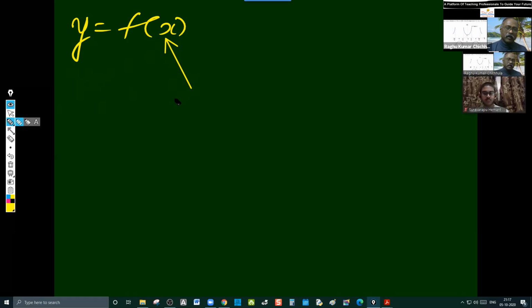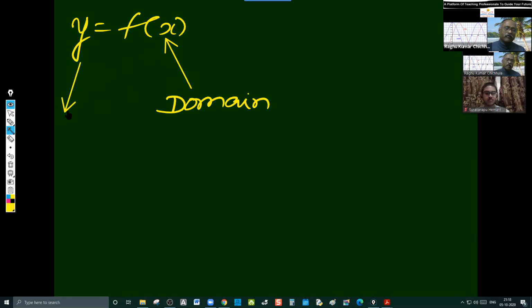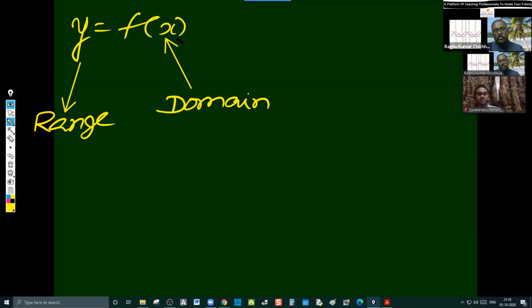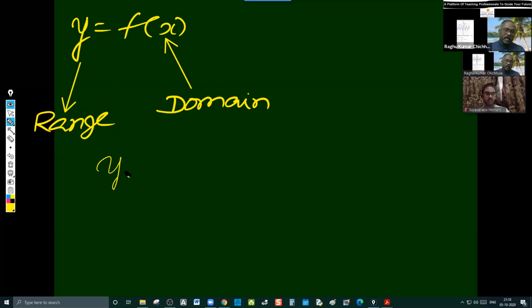Remember, domain is nothing but the value of x, and whatever value you get from the function by giving a value to x is simply the range of the function. So always remember, domain is denoted by x and range is denoted by y. This is what you have to understand. For example, if I take y is equal to sine x.